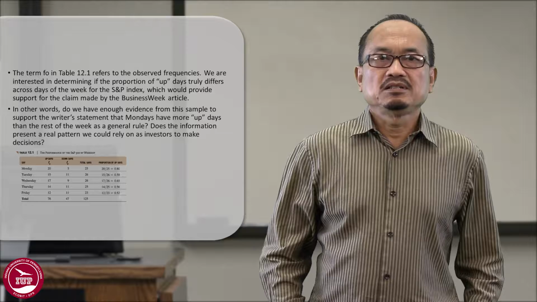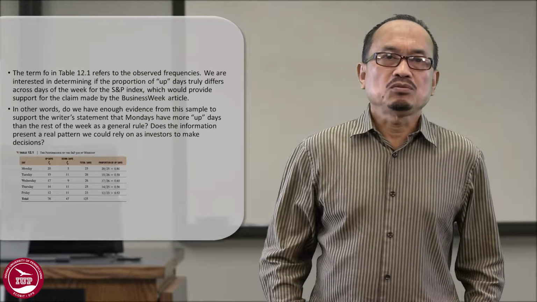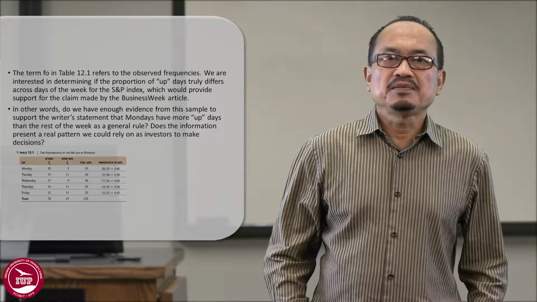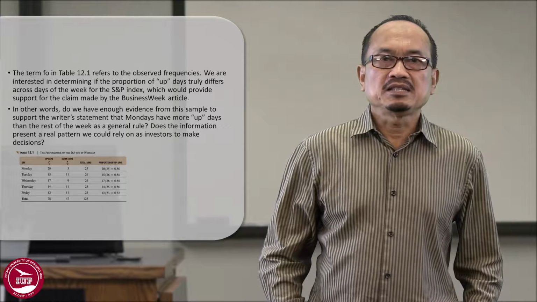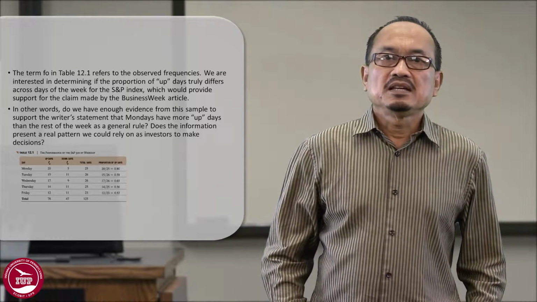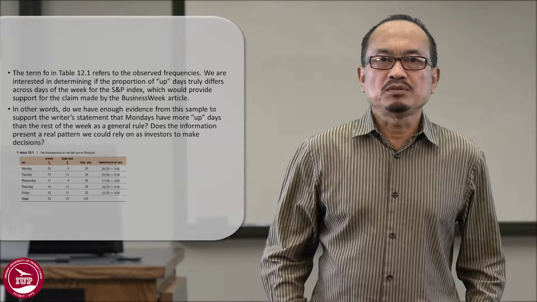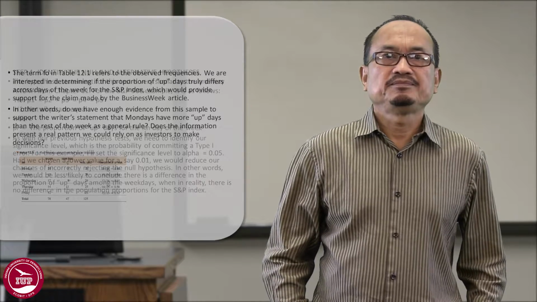In other words, do we have enough evidence from this sample to support the writer's statement that Mondays have more up days than the rest of the week as a general rule? Does the information present a real pattern we could rely on as investors to make decisions?